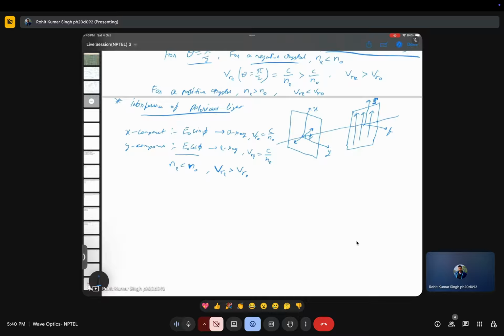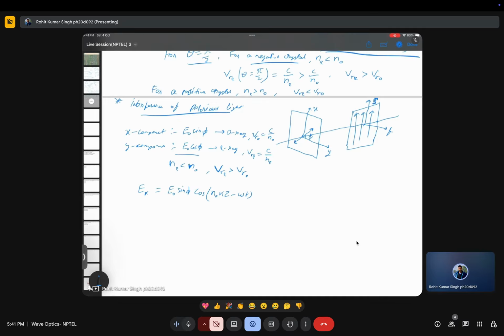Okay, now to study the interference, first let's write the x and y components of the electric field. So you have E naught sine phi, the amplitude, and then you have the wave component given by this formula.